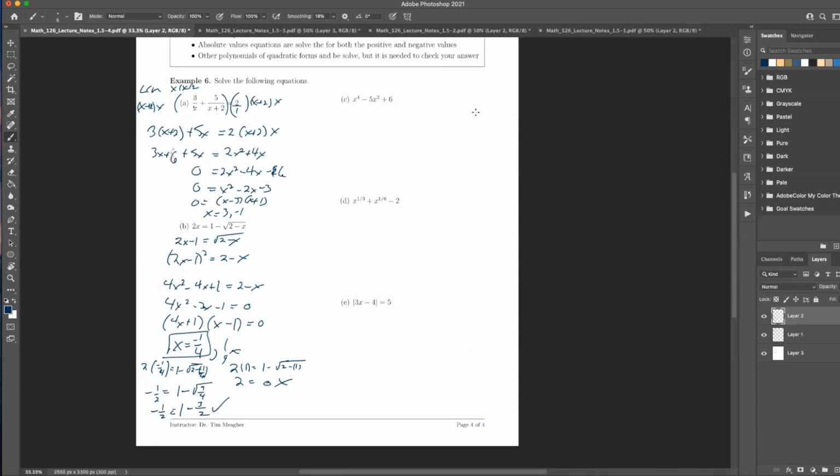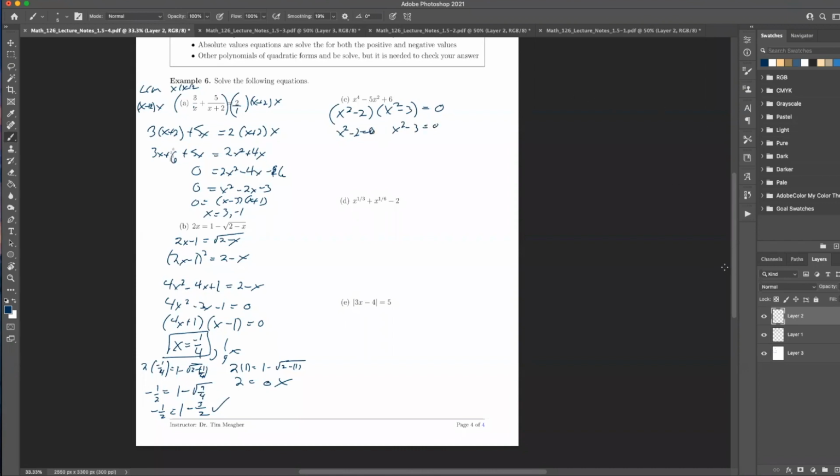You can zoom out a little bit. Here, the book wants you just to say, hey, I can factor it this way, x squared minus 2, x squared minus 3 equal to 0. And that means either x squared minus 2 equals 0, or x squared minus 3 equals 0.